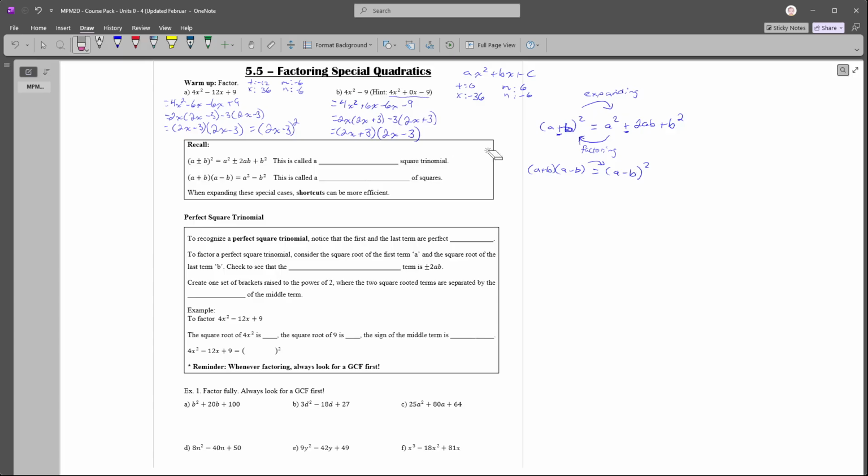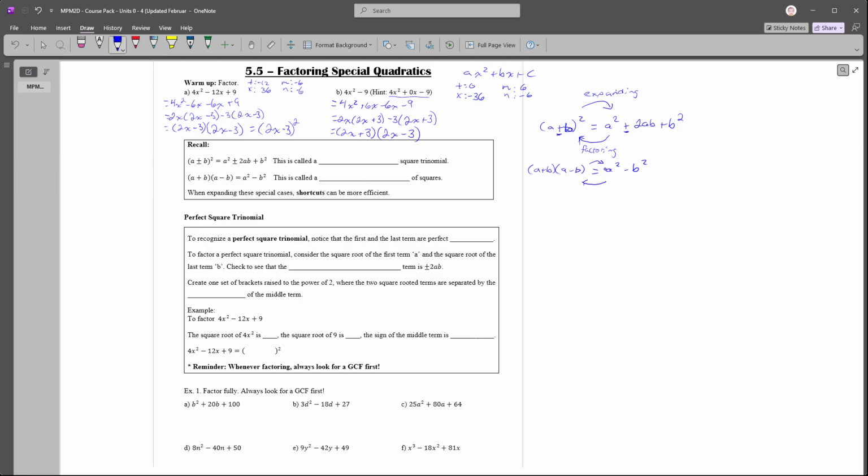That's not (a minus b) all squared. I got ahead of myself here. Pardon me. That's going to be a squared minus b squared. I apologize. A squared minus b squared. So it means that we can expand it to this form, or we can start on the right side and factor it into the form on the left. Again, it's the same idea.